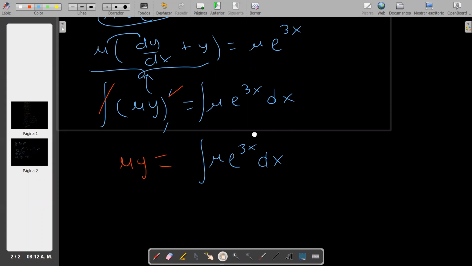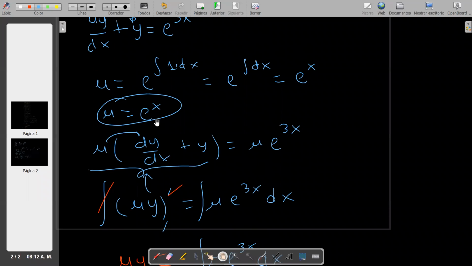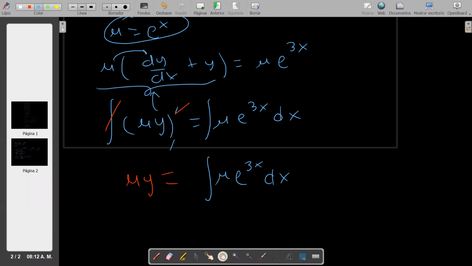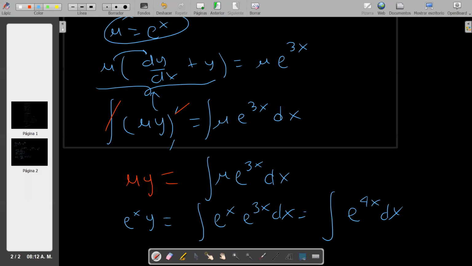And mu is our integrating factor, which happens to be equal to e to the x. So here we have e to the x times y equal to the integral of e to the x times e to the 3x, which is equal to e to the 4x dx.